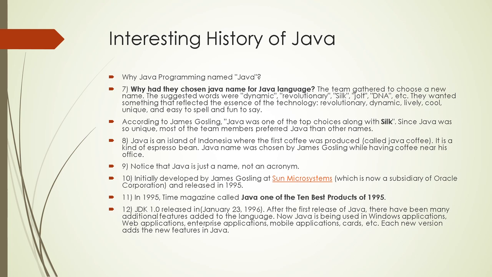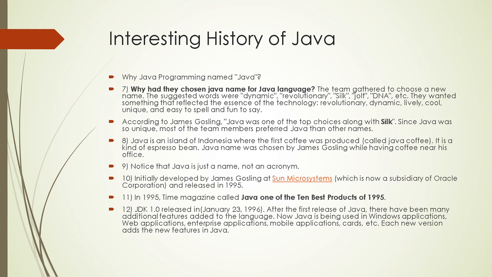Many words came as suggestions like dynamic, revolutionary, silk, jolt, DNA, Java also. They shortlisted some of them, like revolutionary, dynamic, lively, cool, unique.